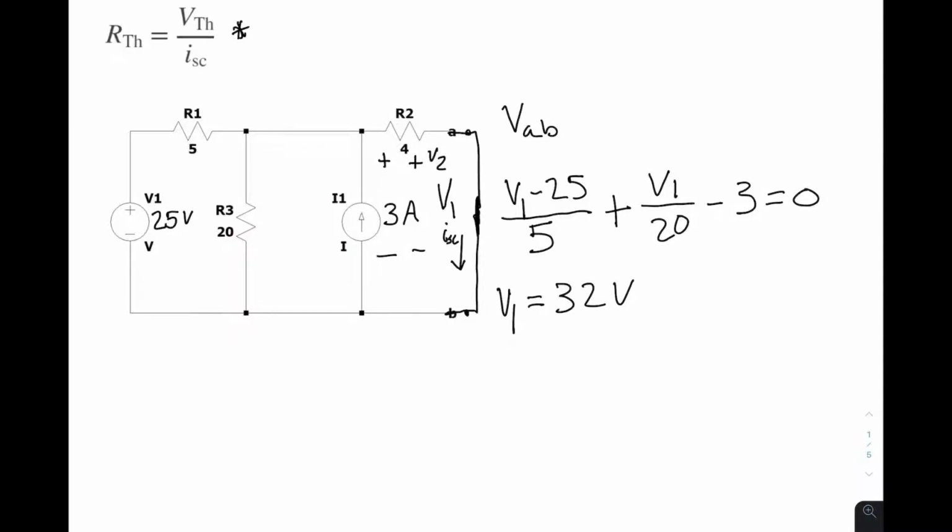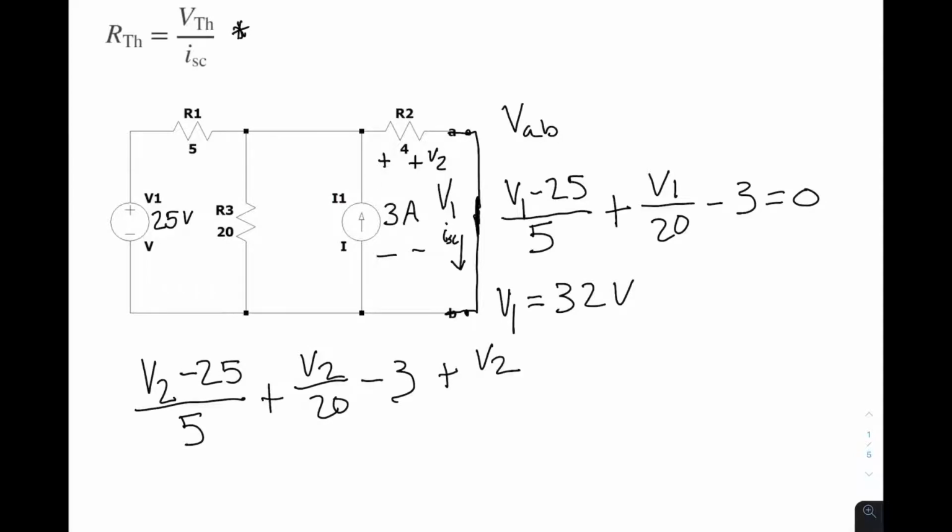So solving for V2, we're going to have V2 minus 25 volts divided by the 5 ohm resistor plus V2 over 20 minus 3. And now because of the short circuit condition, we're actually going to have another circuit component. So we're going to have plus V2 over the 4 ohm resistor is all equal to 0. Solving for V2, we're going to get V2 is equal to 16 volts.